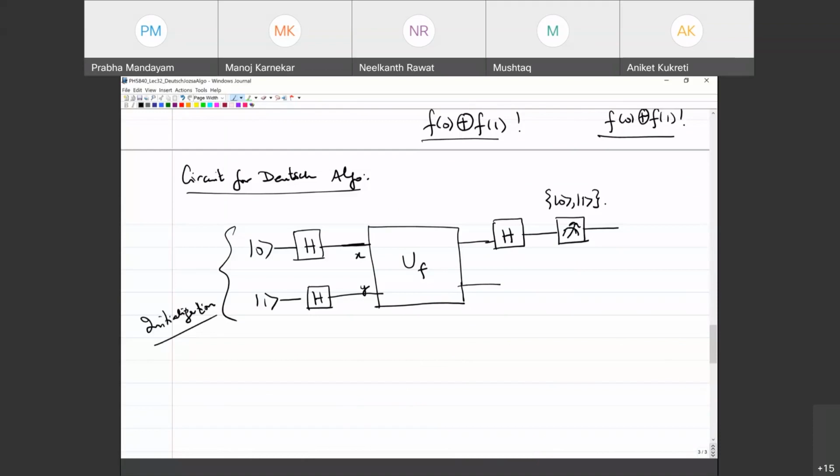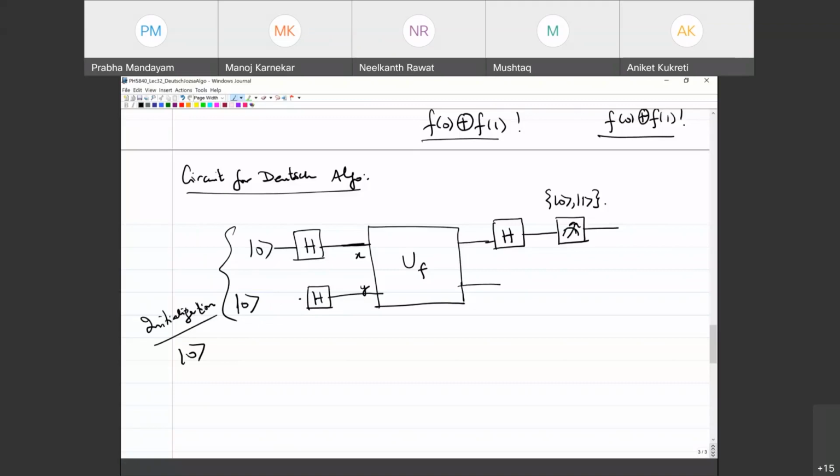So it's possible that you don't have the one preparation directly, but you have only the ability to prepare zeros. Typically your ancillas, you will start by initializing them to zeros because that is something you can do with high fidelity. So then how will we get to the 1? Suppose I can only start with the 0, then what do I do?